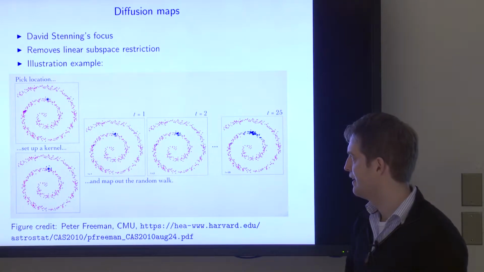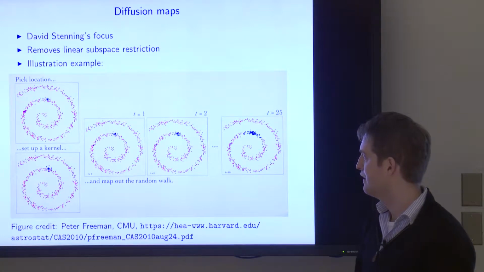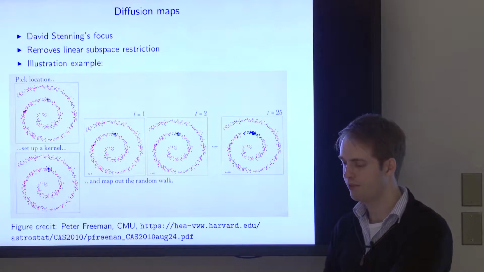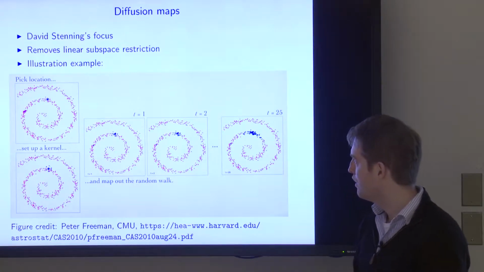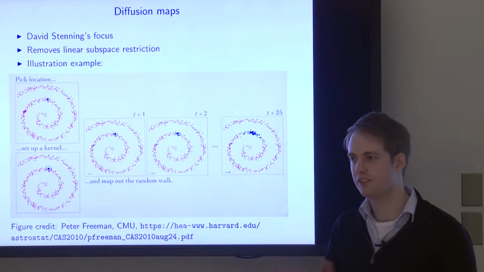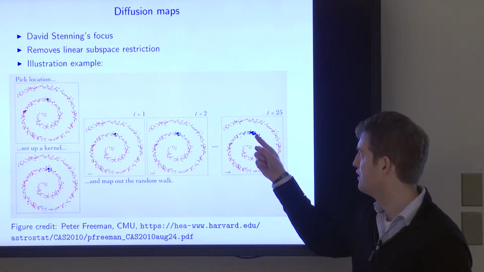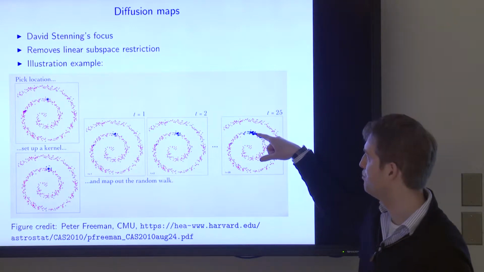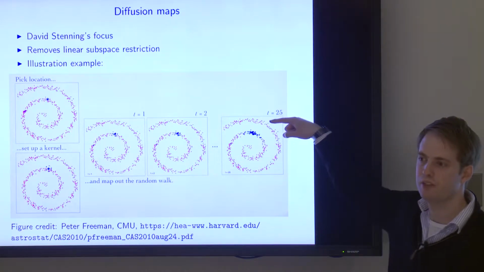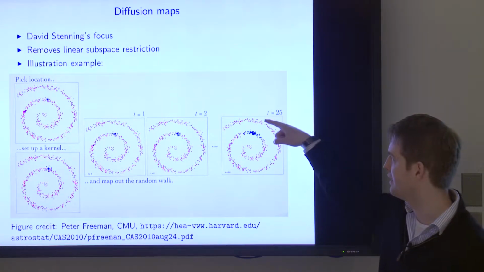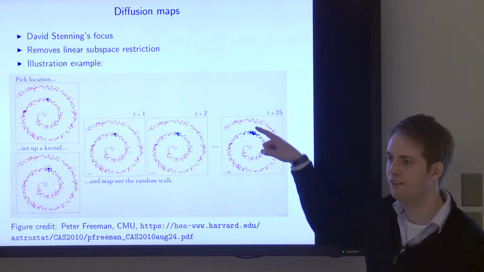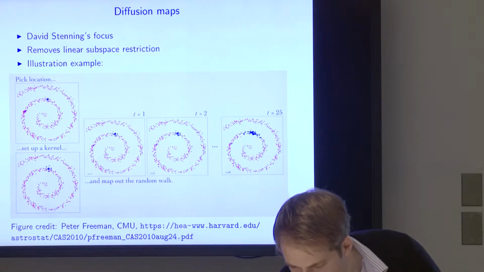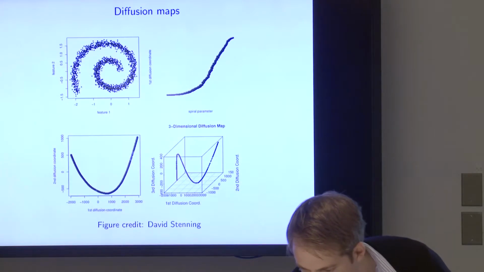And then you are essentially projecting to a space where the Euclidean, the normal distance, is just the diffusion distance in this space. So for example, this point where it's blue is going to be very far from somewhere on the other arm of the spiral, because to get to that point you'd have to go all the way around the spiral, right? So basically it's just a way to deal with non-linearities in your data.